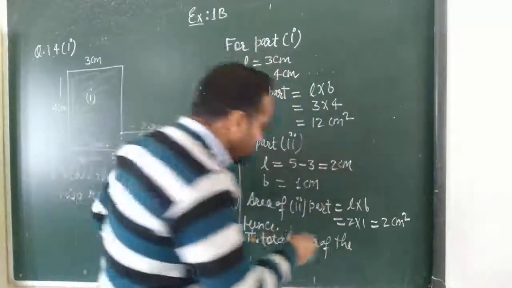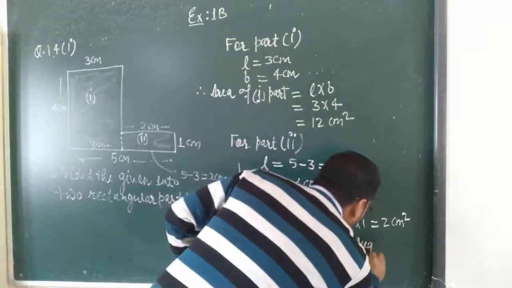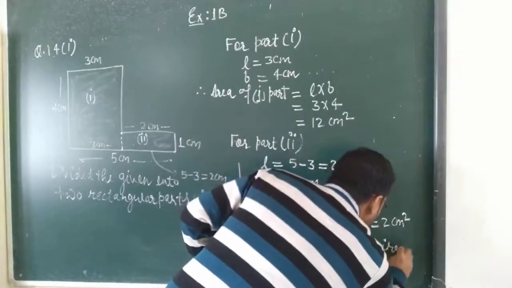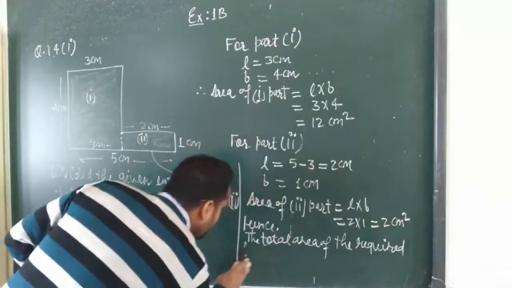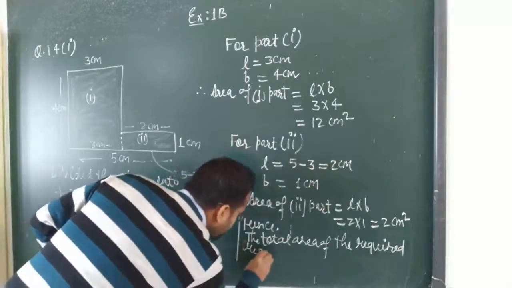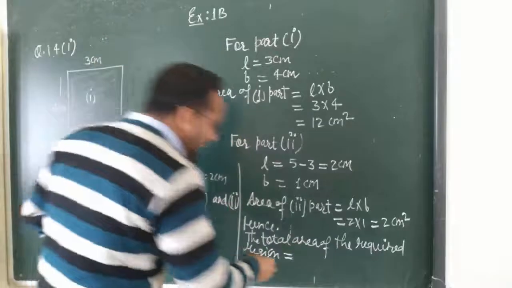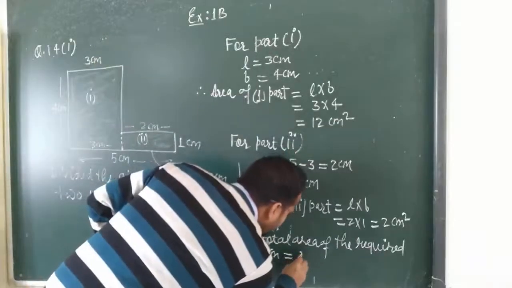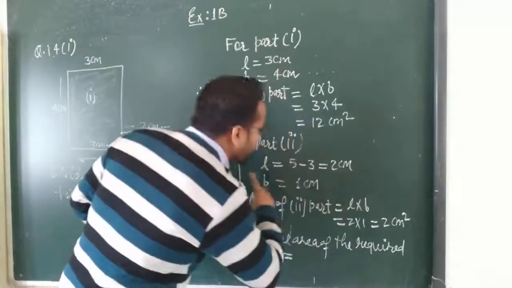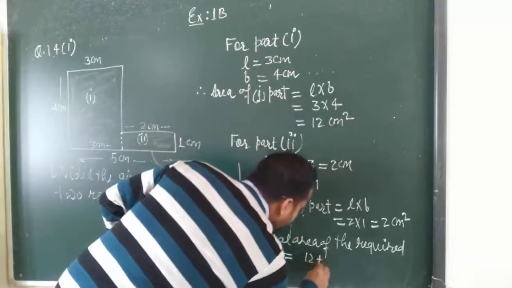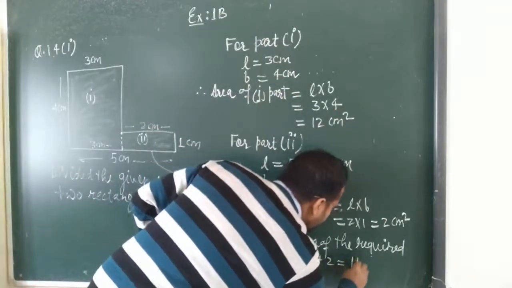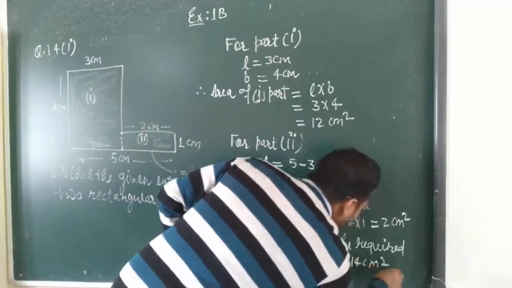Hence the total area of the required region is equal to the sum of the areas of part 1 and part 2. So 12 plus 2, you will get 14 centimeter square.